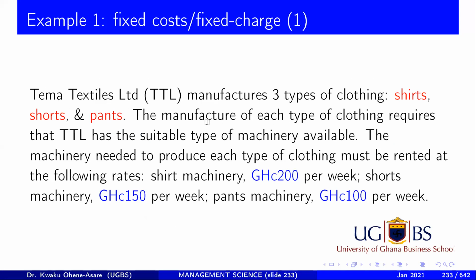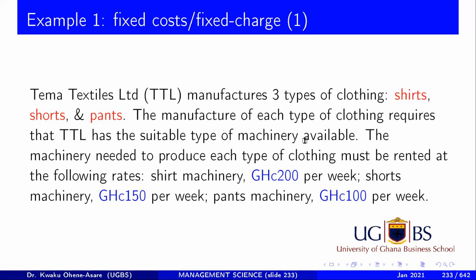The manufacture of each type of clothing requires that the company has the suitable type of machinery available. I want to repeat that. In other words, you can't produce any of the 3 types of clothing without having suitable machinery available in the first place.